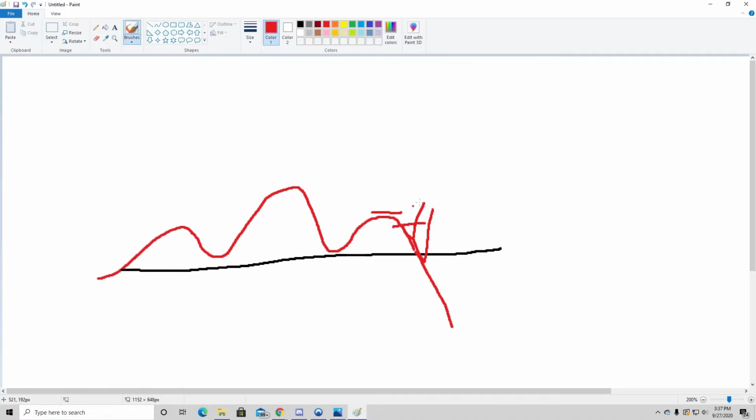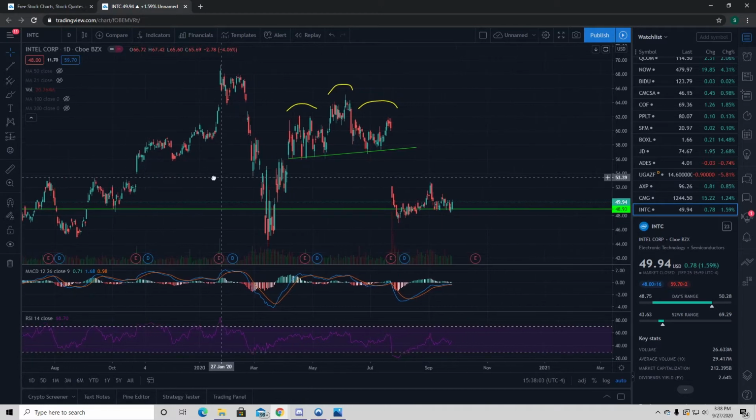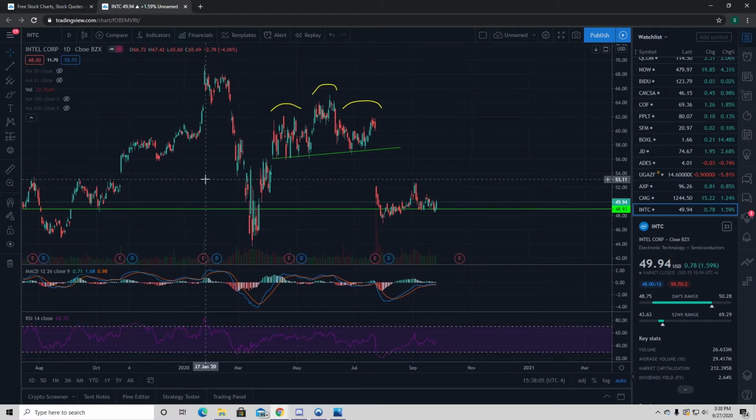Let's go ahead and look at real world application here. Okay, so the first chart we want to look at is Intel. This was actually during Intel earnings, and it wound up being a heck of a play for me.